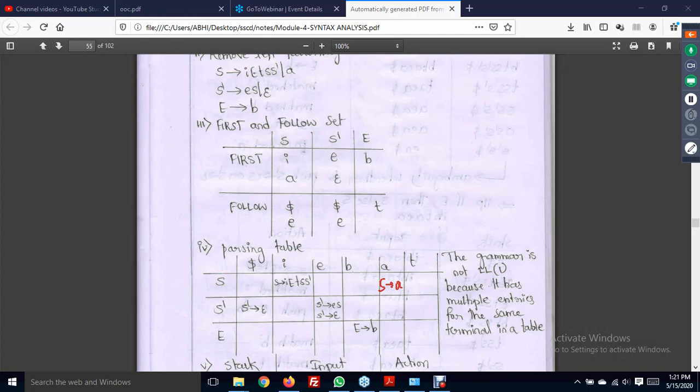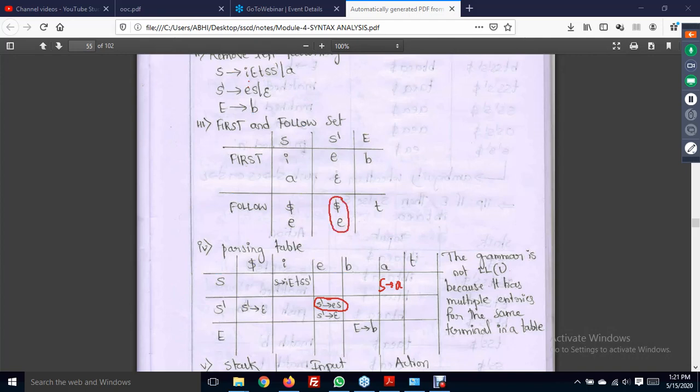So under E, I should have the production S dash tending to ES, because this is the condition. But I also have a production S dash tending to epsilon. So for that, I go to dollar and E. Got it? I hope you understand it.